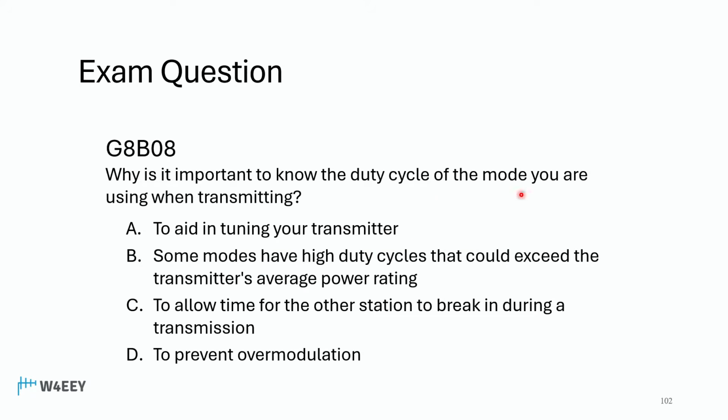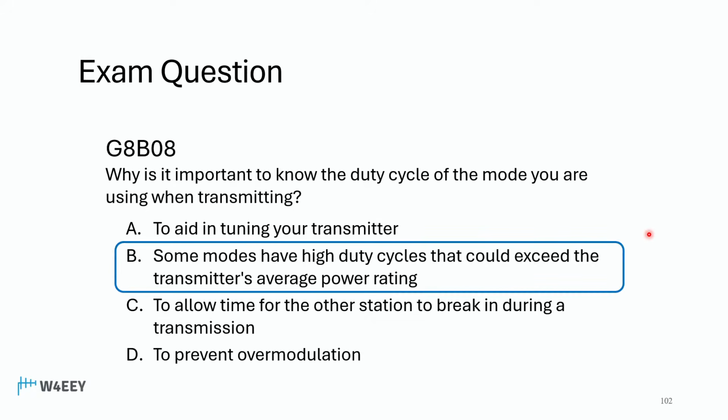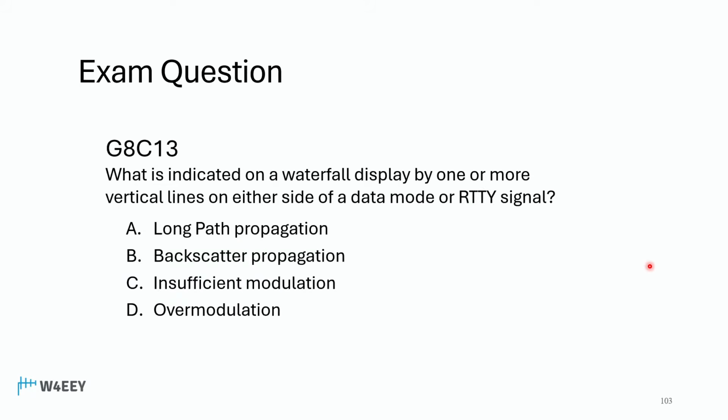Why is it important to know the duty cycle of the mode you are using when transmitting? Bravo. Some modes have a high duty cycle that could exceed the transmitter's average power rating. You don't want your radio to smoke. What is indicated on a waterfall display by one or more vertical lines on either side of a data mode or RTTY signal?